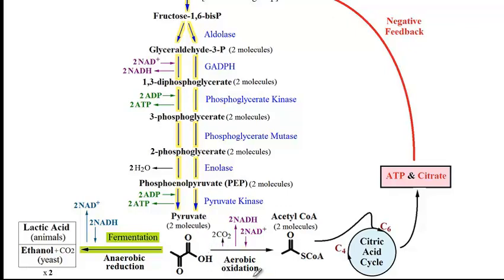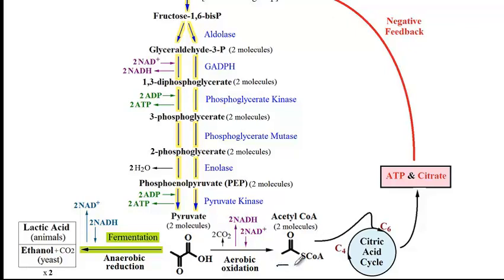If there is enough oxygen in aerobic organisms, pyruvate can undergo aerobic oxidation, where conversion of pyruvate into acetyl coenzyme A will cause a release of carbon dioxide and generation of an additional NADH molecule per reaction. So since we have 2 molecules of pyruvate, therefore we will get 2 CO2 and 2 NADH.